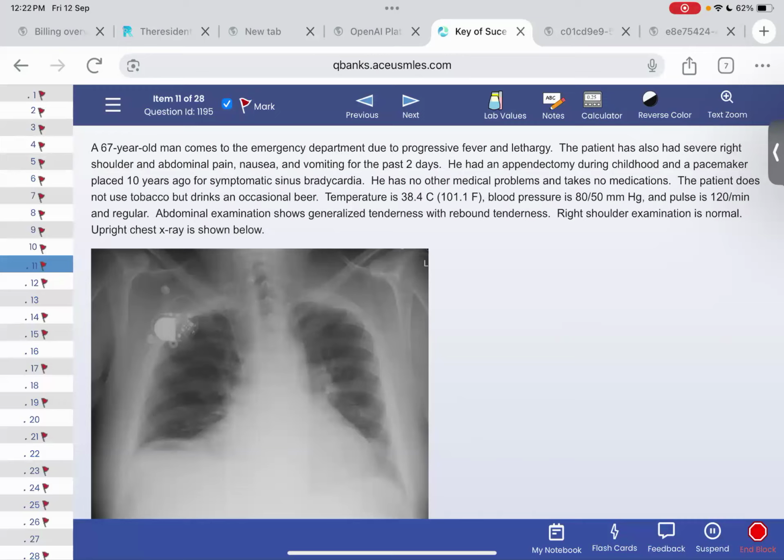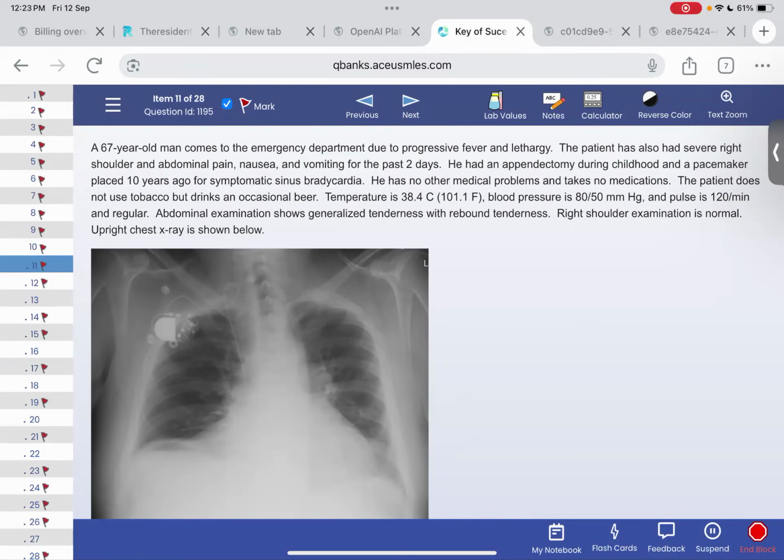A 67-year-old man comes to the emergency department due to progressive fever and lethargy. The patient has also had severe right shoulder and abdominal pain, nausea, and vomiting for the past 2 days. He had an appendectomy during childhood and a pacemaker placed 10 years ago for symptomatic sinus bradycardia. He has no other medical problems and takes no medications.